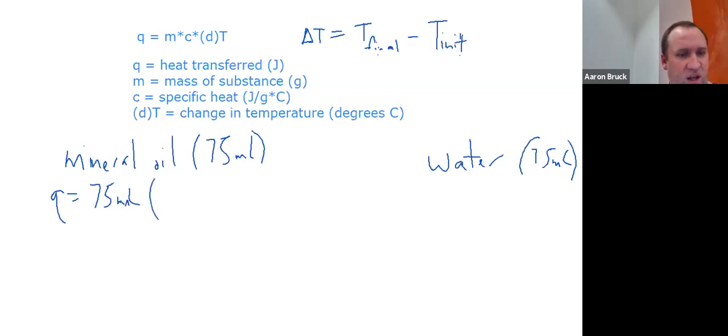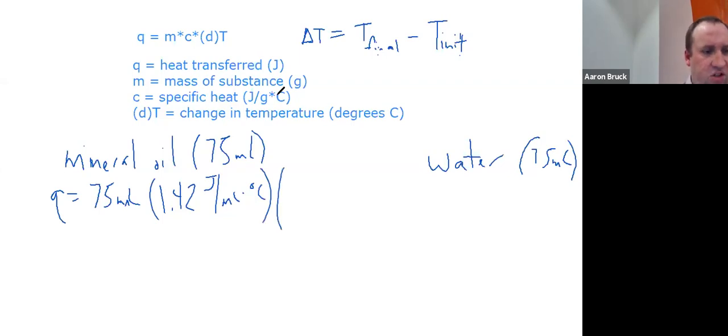The specific heat of the mineral oil comes from your lab manual. Lab manual says that the specific heat of the mineral oil is 1.42 joules per milliliter degrees Celsius.